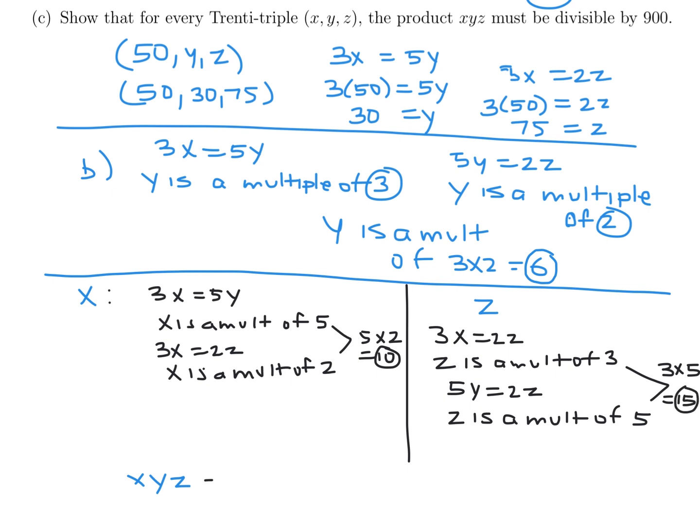So therefore, xyz will be a multiple of 6 times a multiple of 10 times a multiple of 15. And 6 times 10 times 15 is 900. So there you go. We just proved that xyz is going to be a multiple of 900, therefore it's divisible by 900.